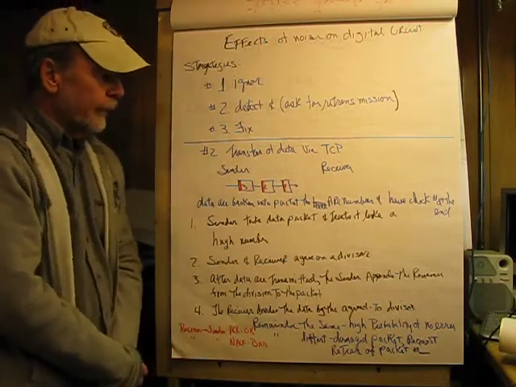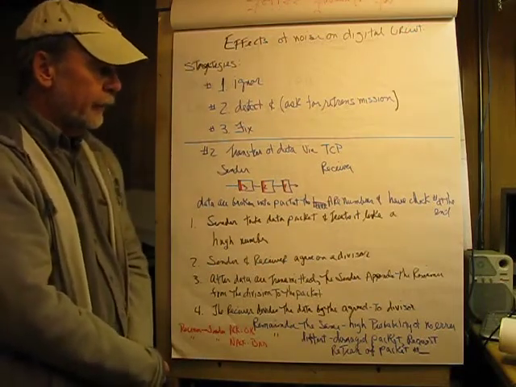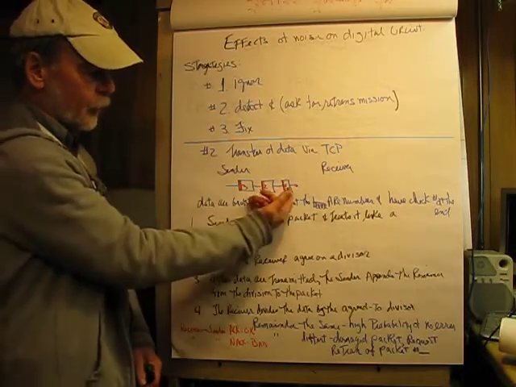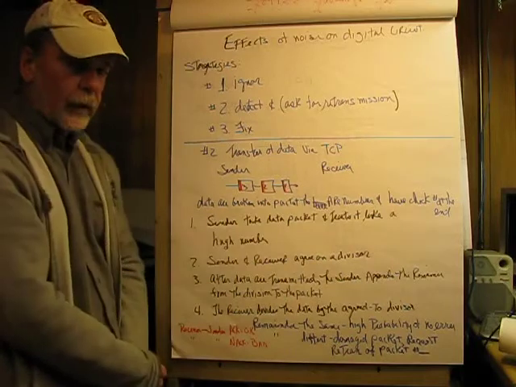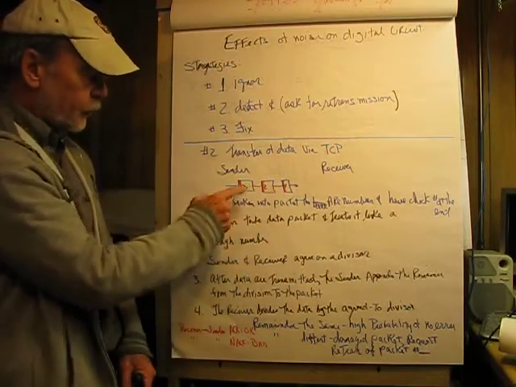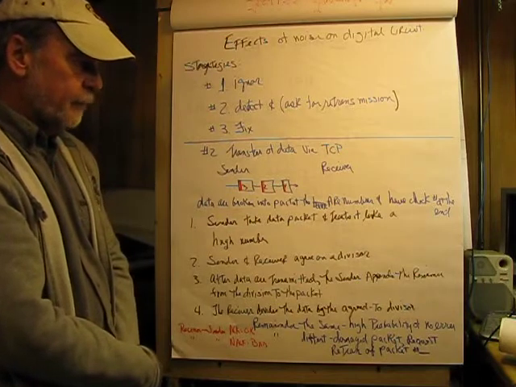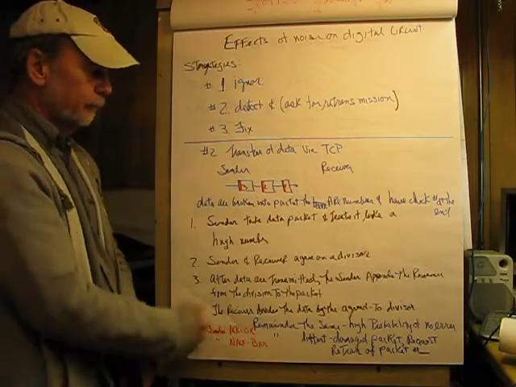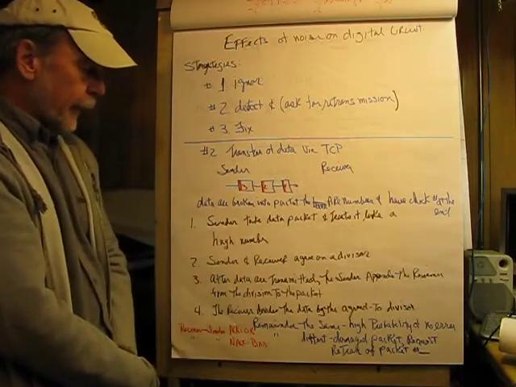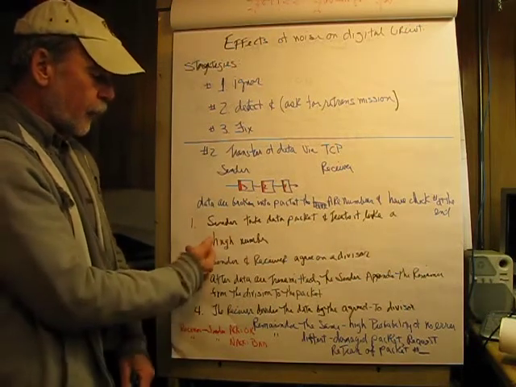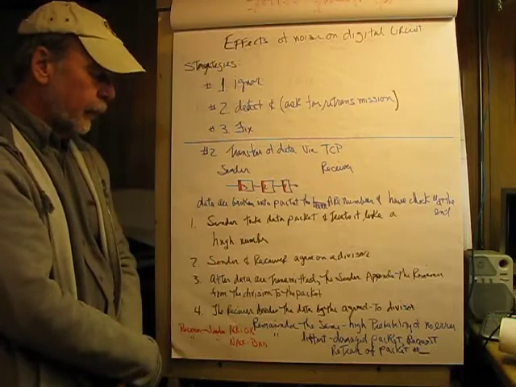So if we take a look at the transfer of data in the TCP protocol, we have the sender, and I'm showing this sending to the right here. This is packet 1, 2, and 3, and the data are broken down into packets, have numbers, 1, 2, and 3, and then the sender of the packet treats it like a very large binary number.